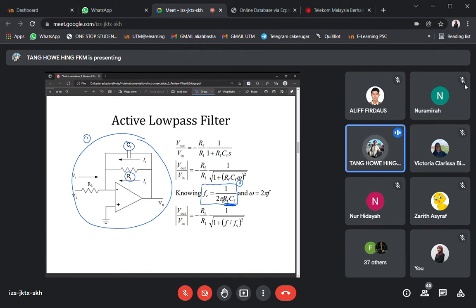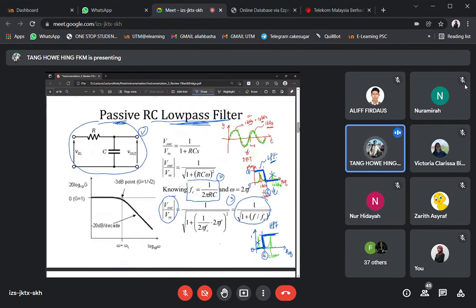And then the transfer function is exactly the same as previously in the low pass filter, which is 1 over square root of 1 plus (F over Fc) squared. You can see that if we compare with the RC low pass filter, it is exactly the same. The only different thing is that the passive filter is not going to amplify the signal, so it has a gain equal to 1.